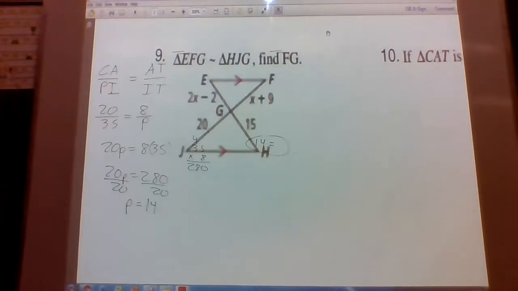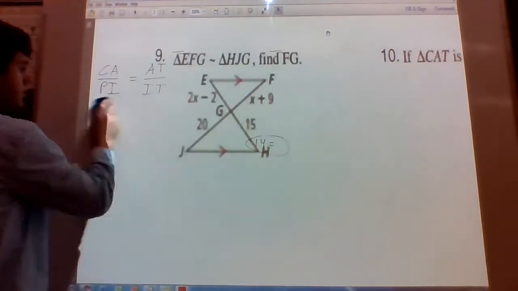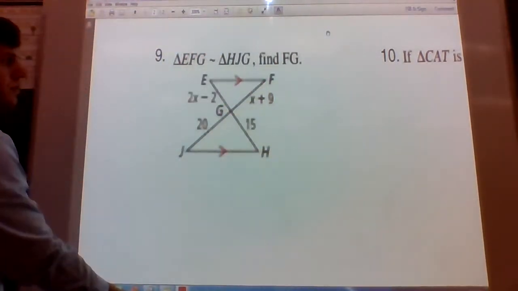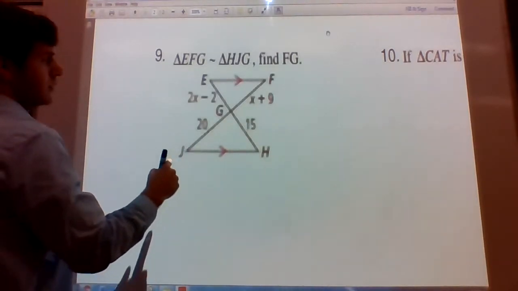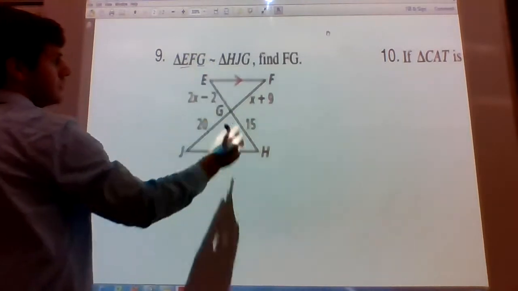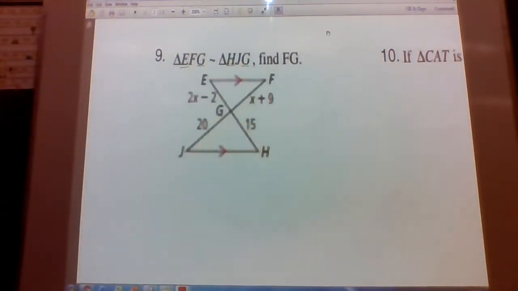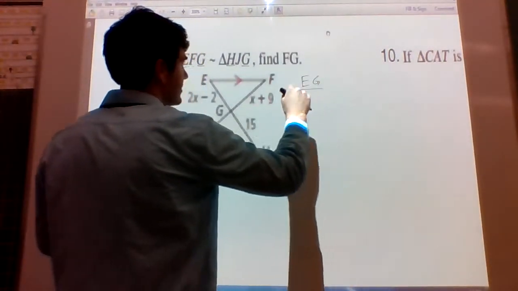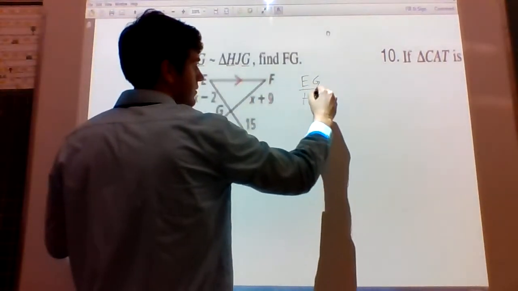Okay, triangle EFG is similar to triangle HJG. So we know EG corresponds with HG.